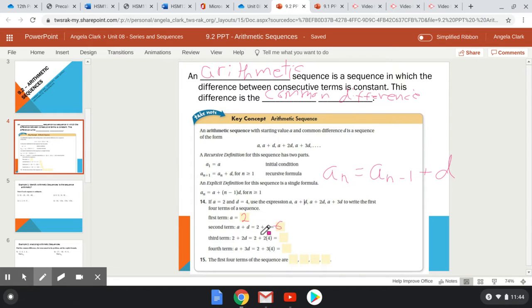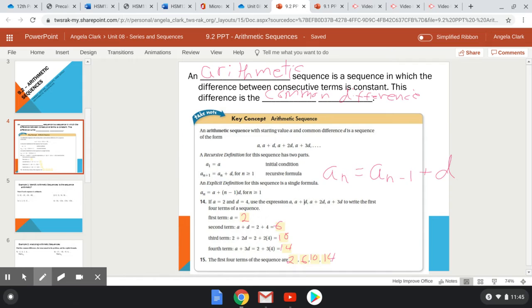And then we can either think of this as adding 4 each time, or using our explicit formula, it would be 2 plus 2 times 4, 2 plus 8, which is 10. And so then the next term is going to be 14, and so on. So we get 2, 6, 10, 14.